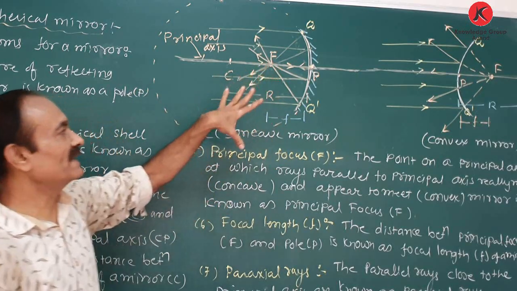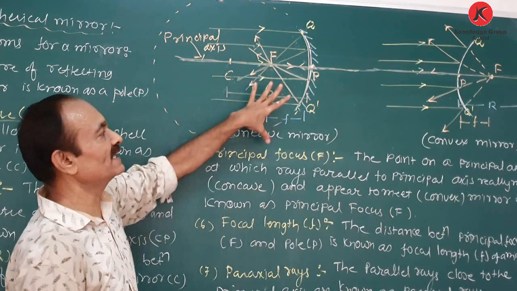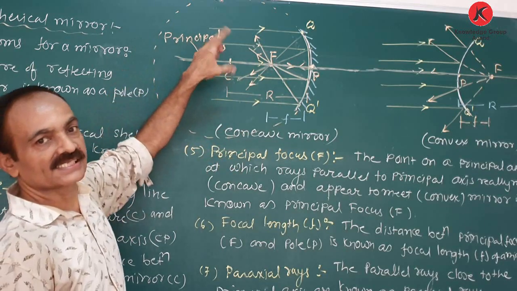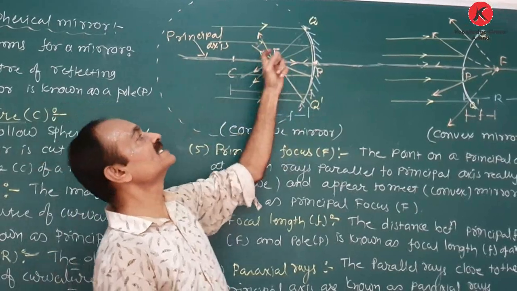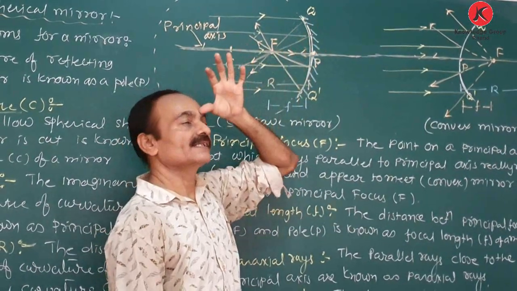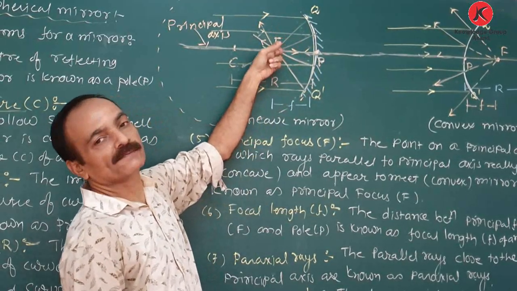Again, the definition is quite lengthy, so we are going step by step. Keep this in mind, because it is the most important. When rays parallel to the principal axis are incident on a concave mirror, after the reflection they must pass through a single point.